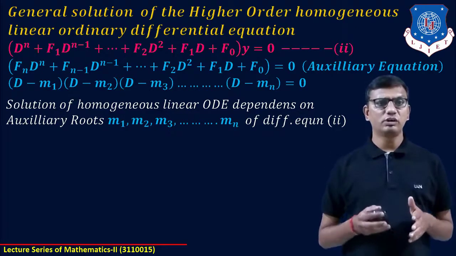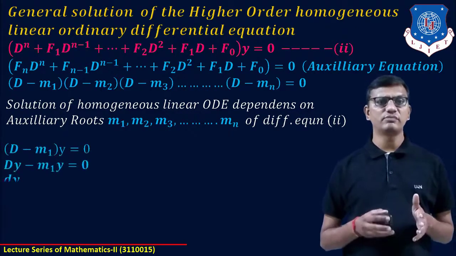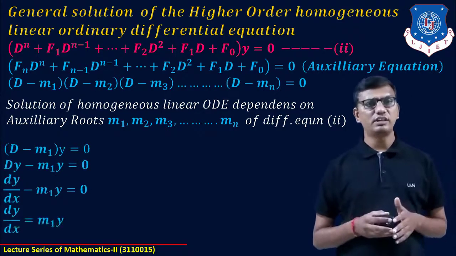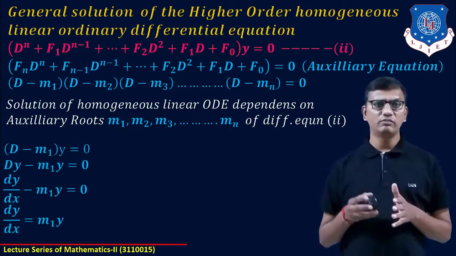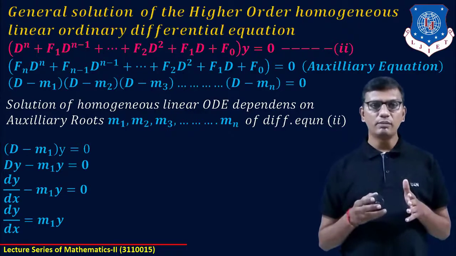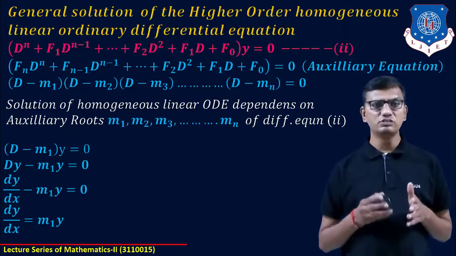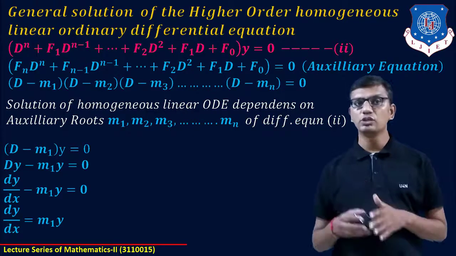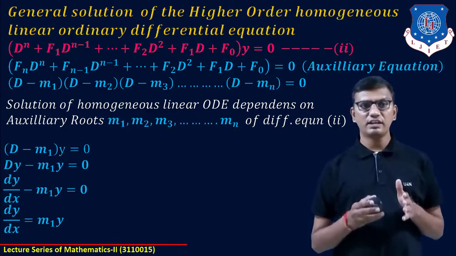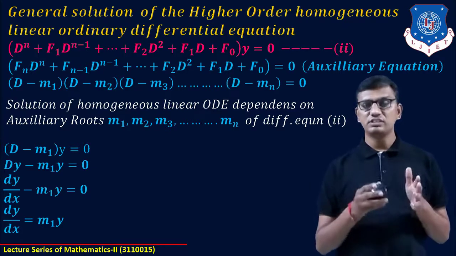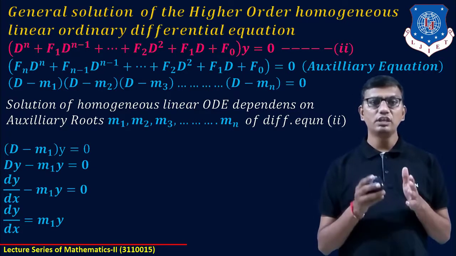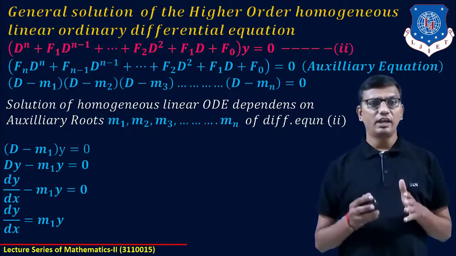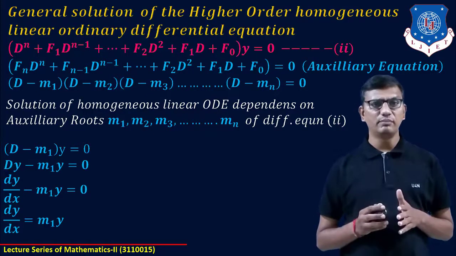Let us see how to solve them. So here we will see only one differential equation, (D minus m1)y equal to 0. That can be rewritten as Dy minus m1y equal to 0. Dy by dx is the value of D, so we put dy by dx minus m1y equal to 0. That is dy by dx equal to m1y, which is a first order first degree differential equation, and it can be solved by the separable variable method.